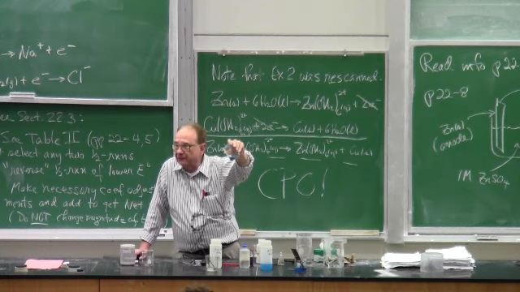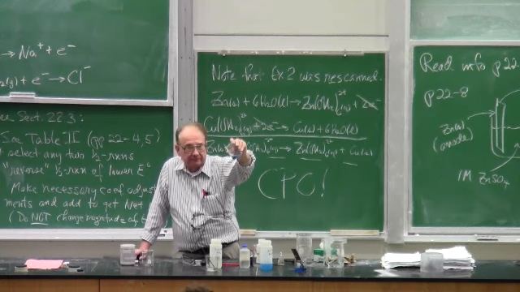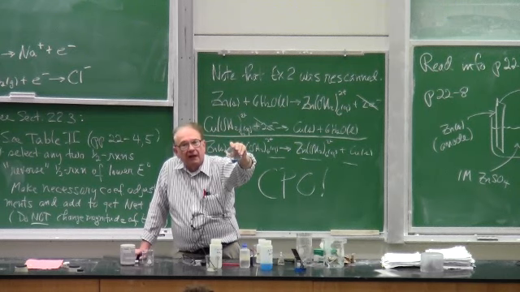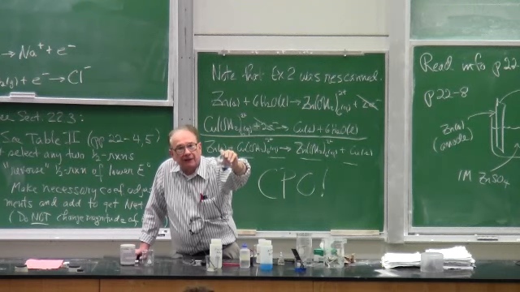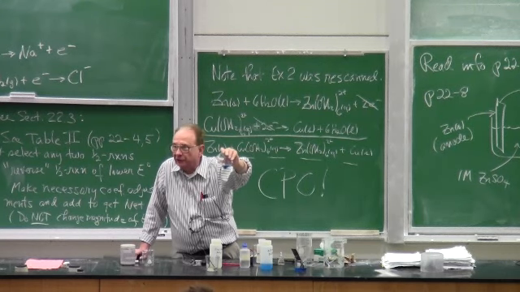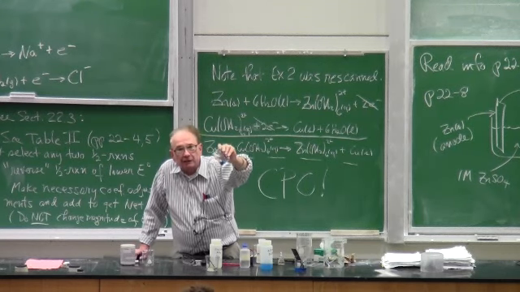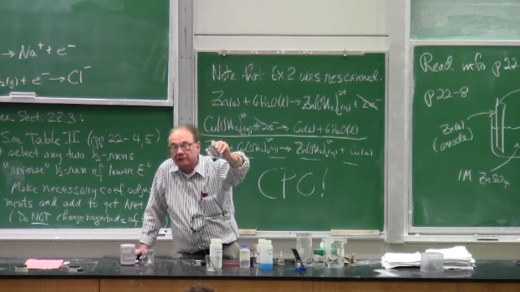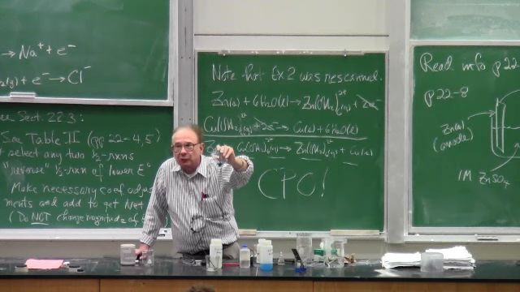It's traveling from the zinc strip to the copper ions. Unfortunately, we are not able to harness the energy associated with this current because for the system as we have constructed it, the zinc atoms are losing electrons directly to the copper ions.